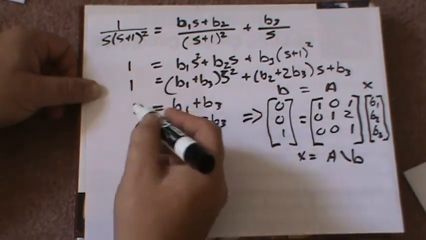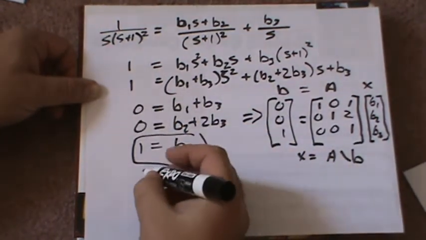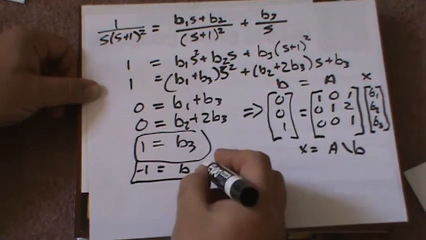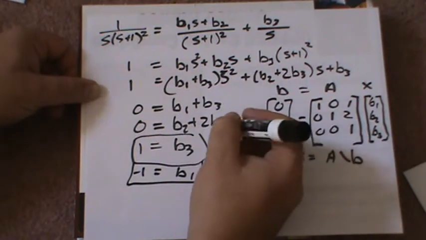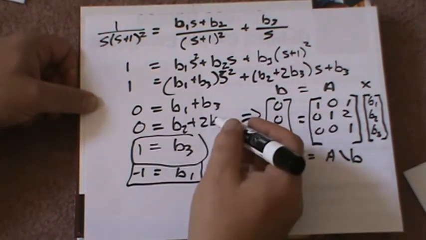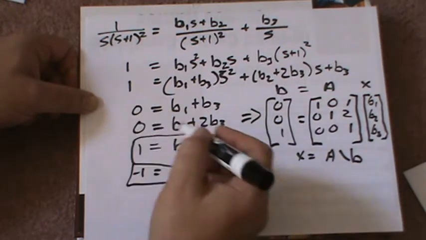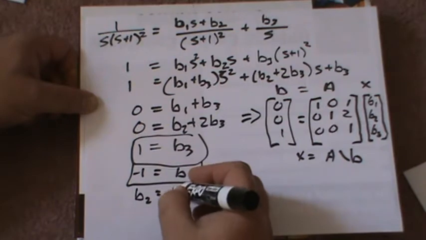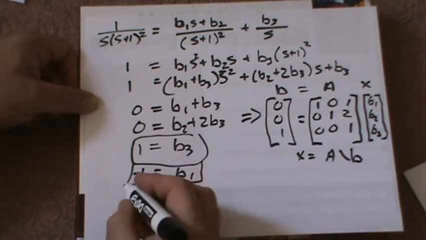I take b3 to the other side, which is just 1, so b1 must be equal to -1. And then I've got my b2 right here. I take -2, so b2 has to be equal to -2.